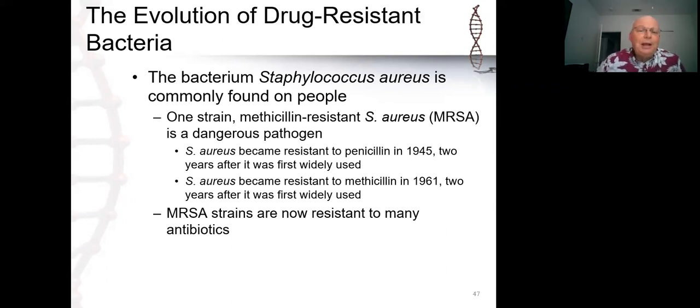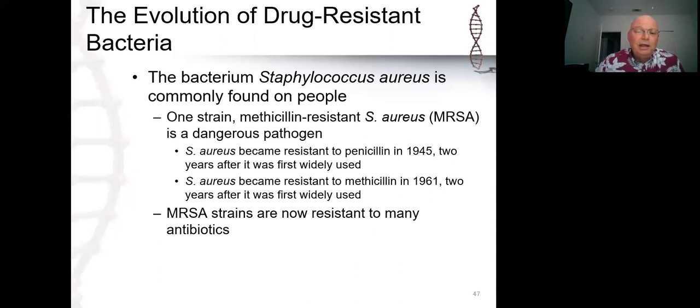Those mutations must be present prior to the exposure to the antibiotic, not after. Because remember, if they don't have the resistance, they're going to be killed by the antibiotic. So the resistance, the mutation, must be present before they get exposed to the antibiotic.